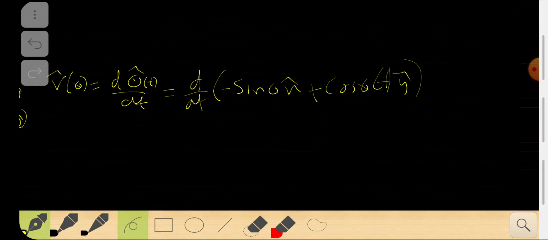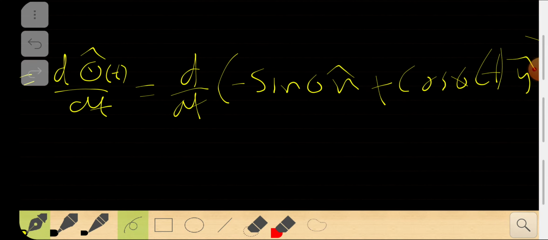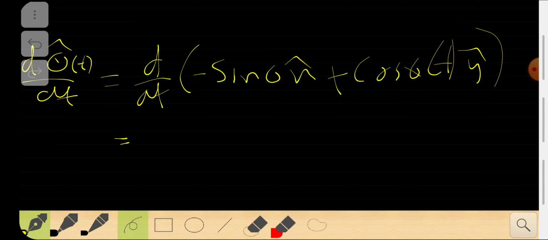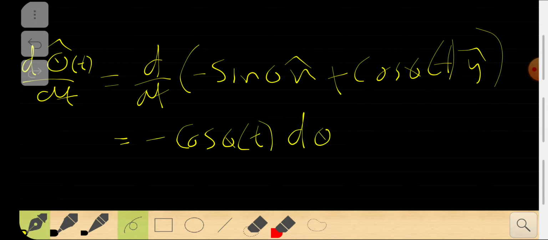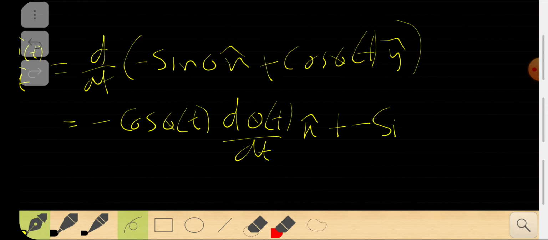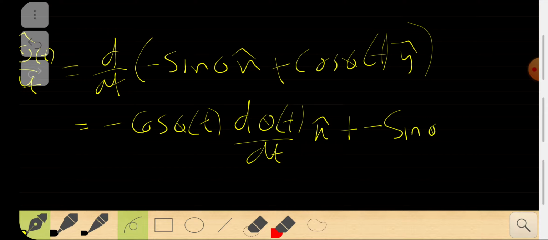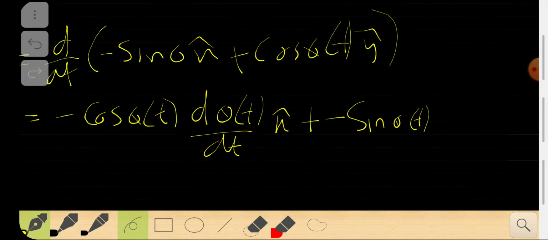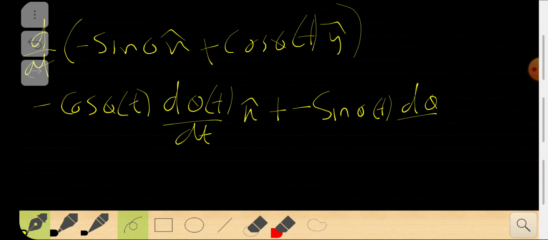When I take the derivative of that, I get minus cos theta of t, and the chain rule again, d theta of t by dt in the x cap direction, plus cos theta, that is minus sine theta of t, which is a function of t, times d theta by dt in the y cap direction, right?